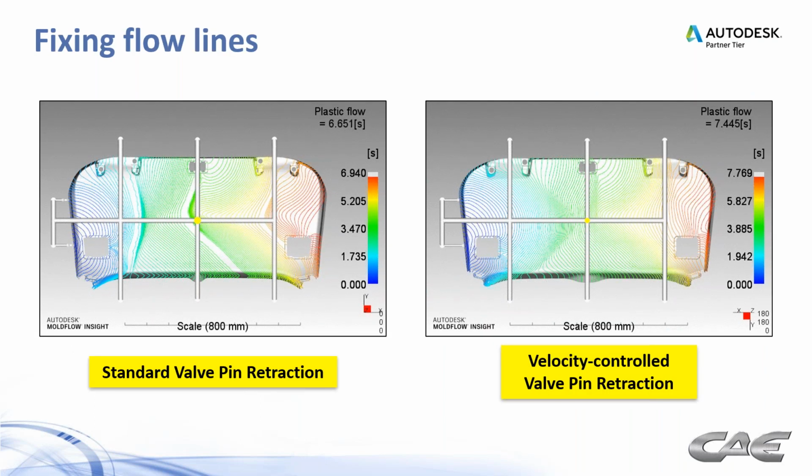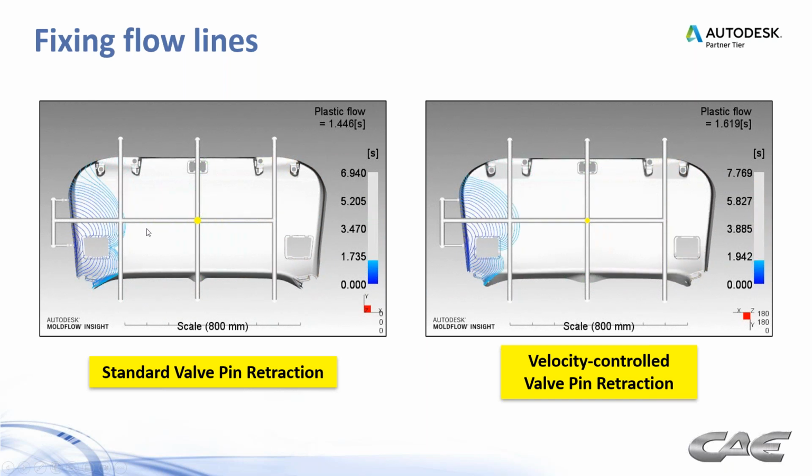For standard valve pin retraction, you see these flow contours developing as the material flows across the part. So it starts to hesitate, and then it accelerates as the next set of valve gates opens as we move across the part.